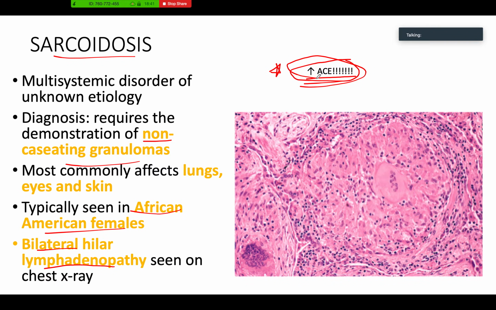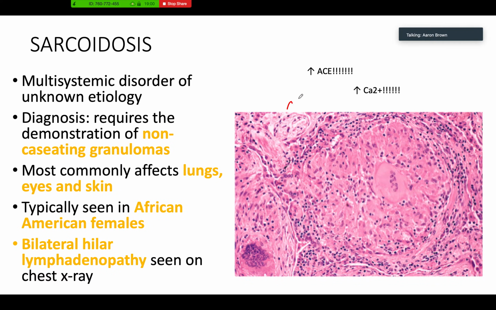Okay? Great. And the last thing that you will be asked about is this elevation in calcium that you see in patients with sarcoidosis. Why? So, one little thing about macrophages that is not really mentioned too often and is pretty important when they all get together is that macrophages have a certain enzyme called 1-alpha hydroxylase.